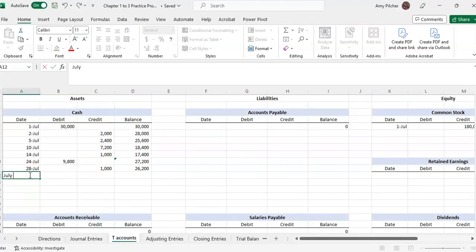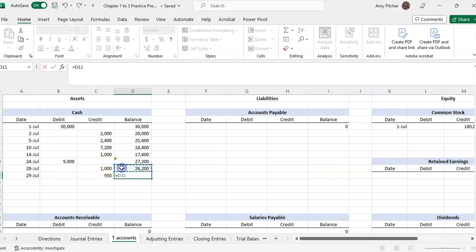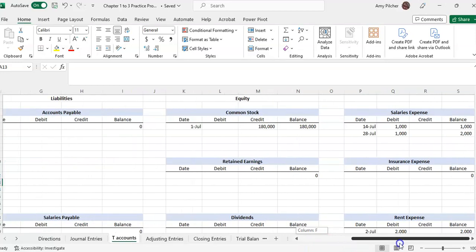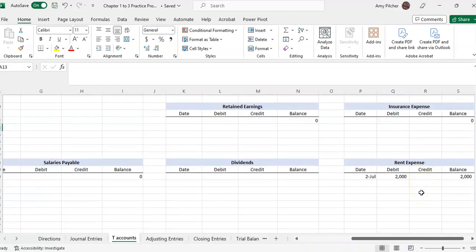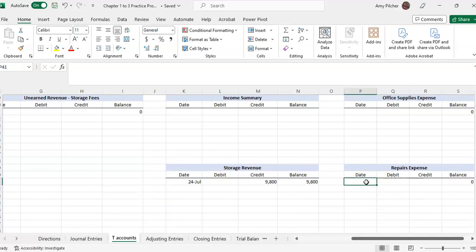July 29th, we reduce cash, $950, previous balance minus that credit, and we record a repairs expense, July 29th, of $950.